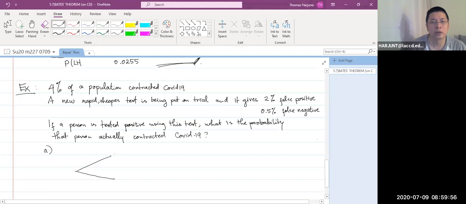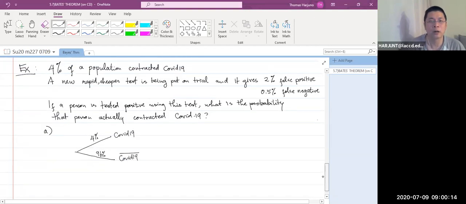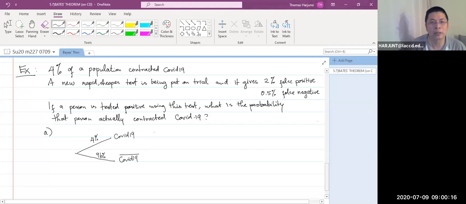Okay, so COVID-19, you actually having it is 4%, so not having it is 96%. Then from there, knowing that that person has COVID-19, 2% gives false positive. Oh, I'm sorry, false positive is when you don't get it, but you are tested positive.